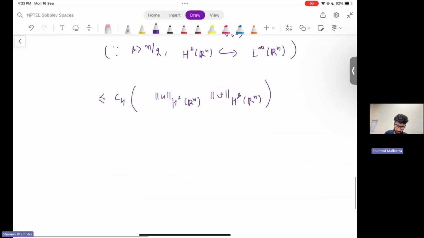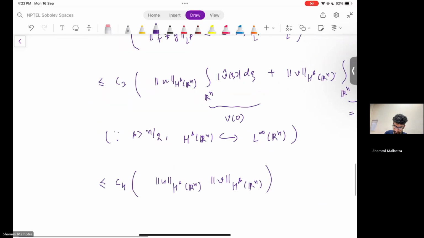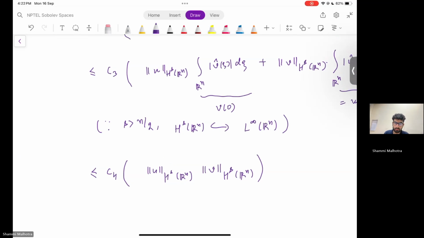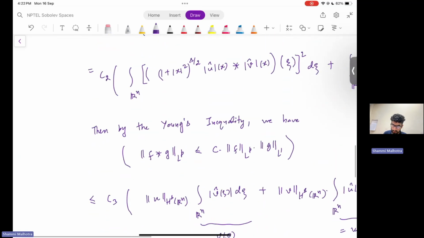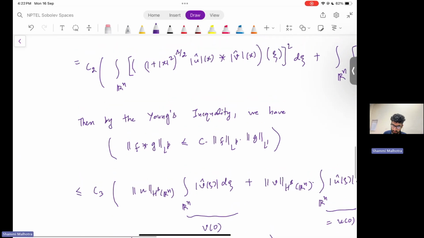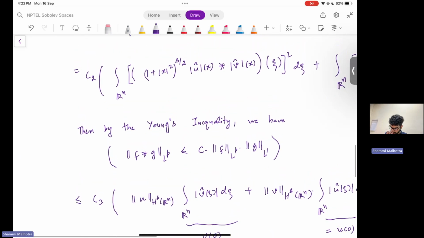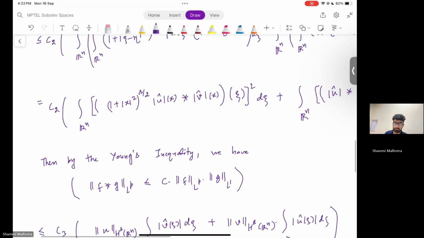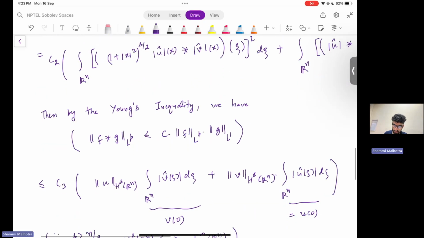Thus, we have, and one more thing. This will actually not be the H^s norm, this will be the square of the H^s norm. Why is that the case? That is because I am taking the L2 norm here, so it is actually just an integration.